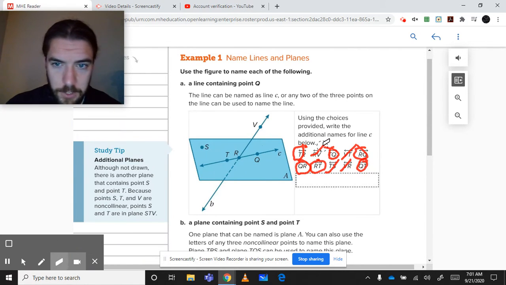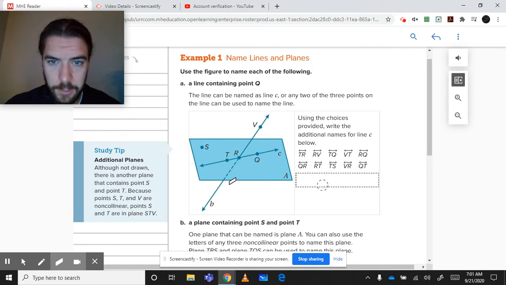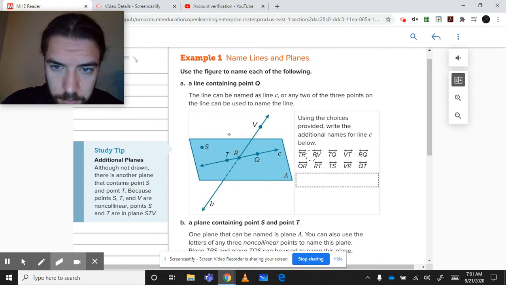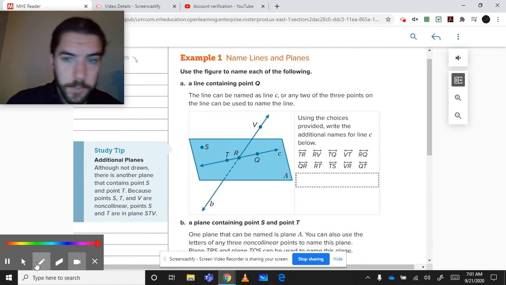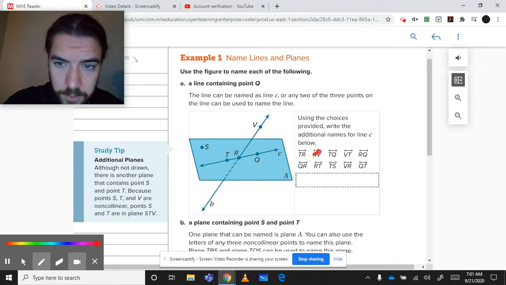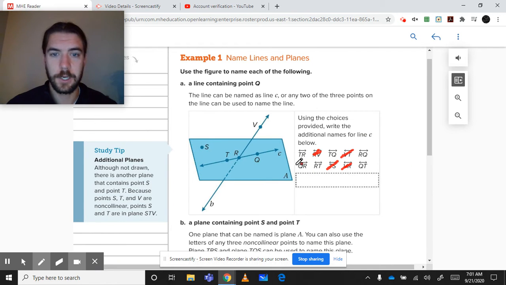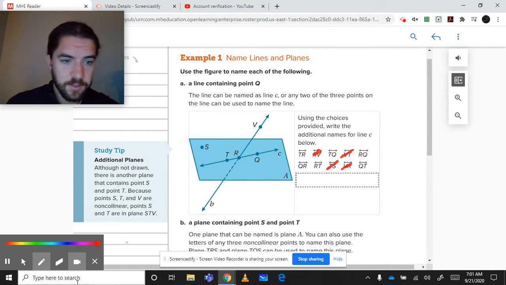Well, it was basically anything that had V or S in it. This guy was not a possibility, not that one or that one, but everything else, those other 1, 2, 3, 4, 5, 6 remaining options are all fair game for naming this line right here, this line which they're calling C.